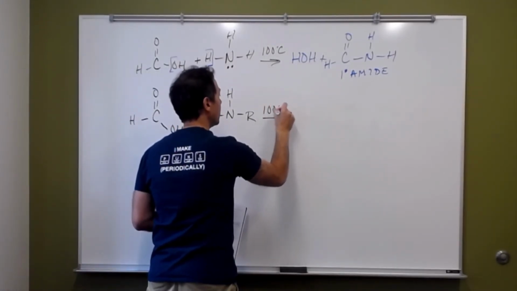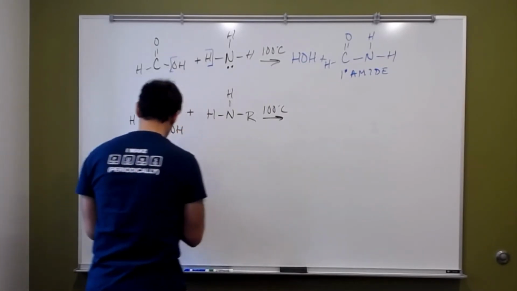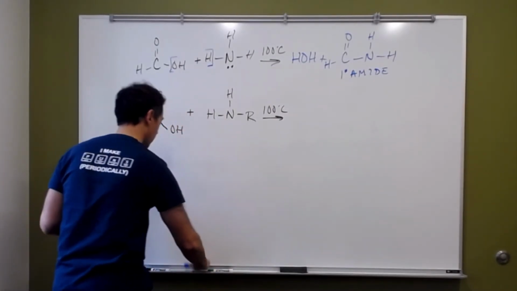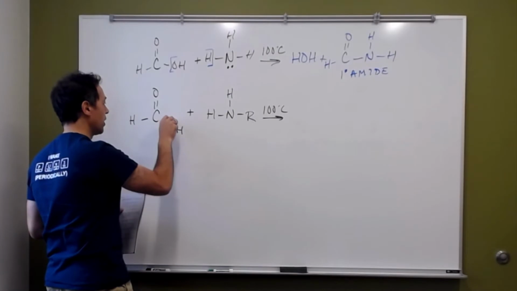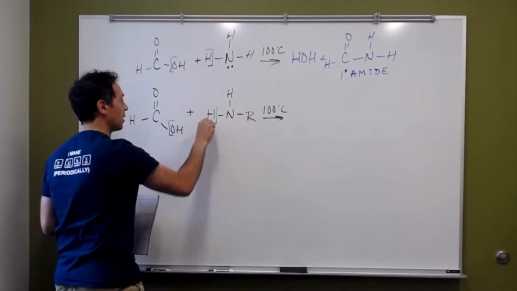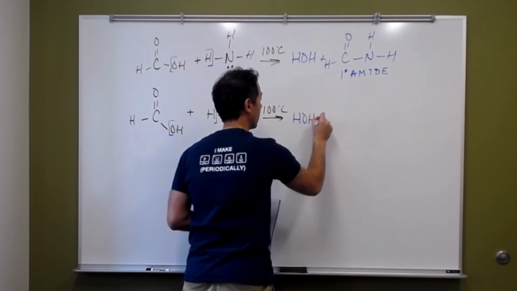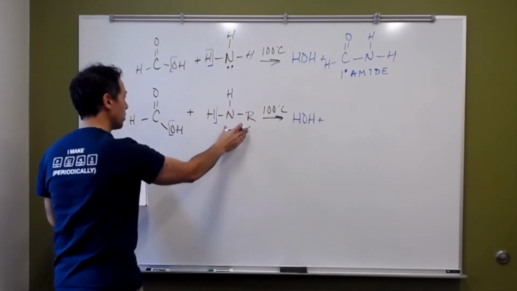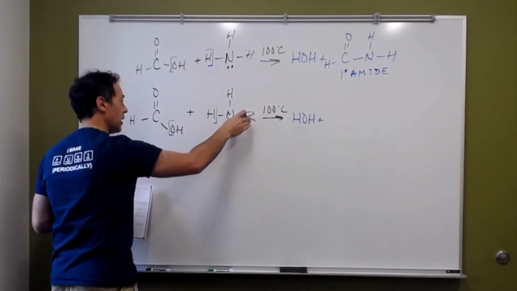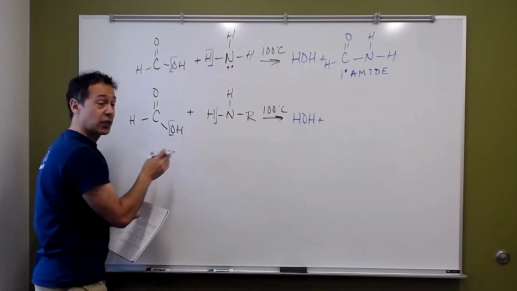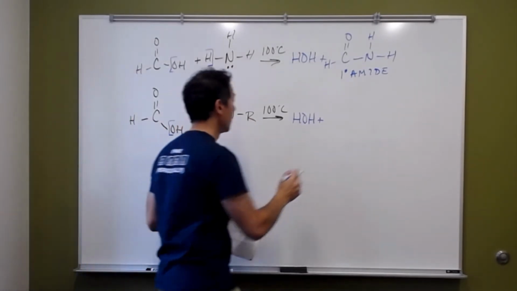We just add some heat to it like this, and like we saw before, we're going to remove water like this, so we end up with water like that, and then we're going to bring this primary amine over and attach it onto our carboxylic acid.